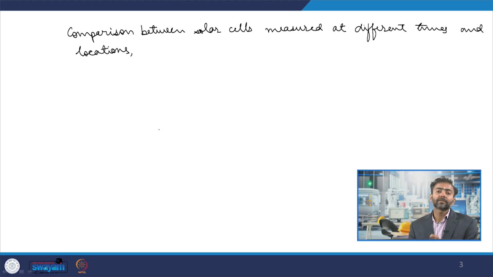Then we need to have some standard. That is why we have defined some standard test conditions.